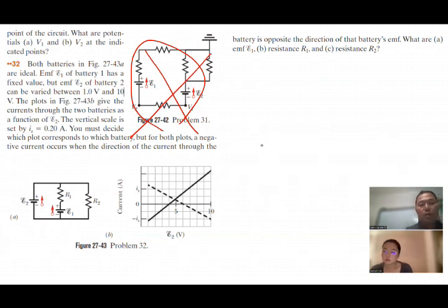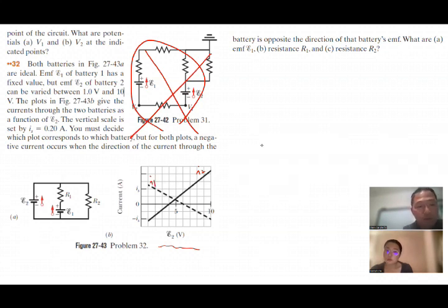This problem provides the current versus the E2. If you look at this graph at the bottom, the solid black line is the E2 plot, and the dashed line is the E1 plot.